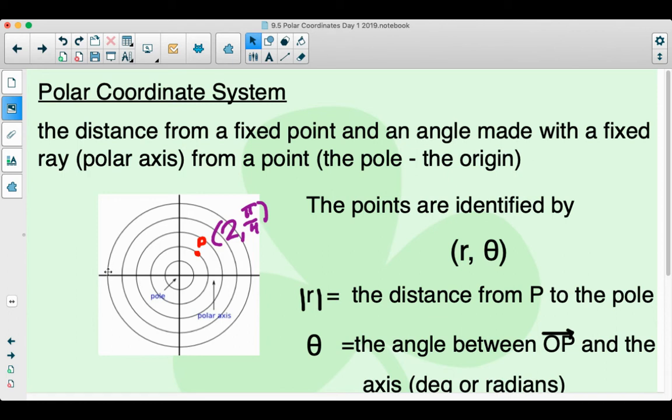We have the polar axis, which is going across, and that starts at the pole and goes out. We also have this axis, which is no longer called the y, but that axis is called theta equals pi halves.